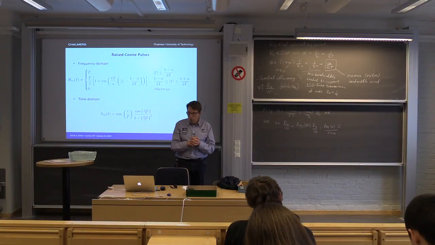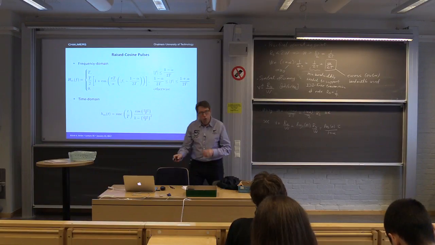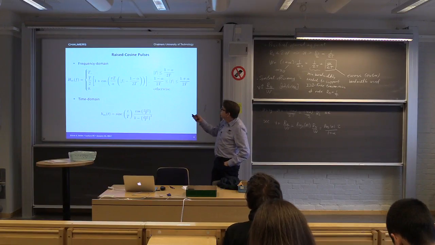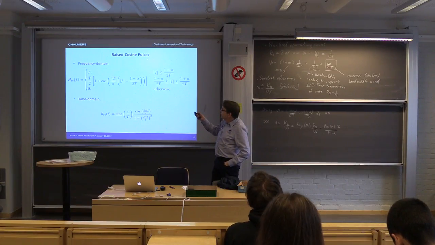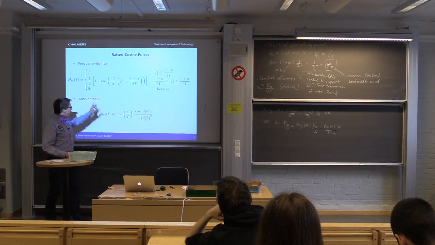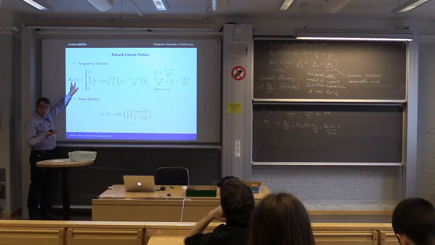I will just show you the equations and then draw this for you. Raised cosine pulses are pulses whose spectrum, that is, whose Fourier transform, is a raised cosine shape.